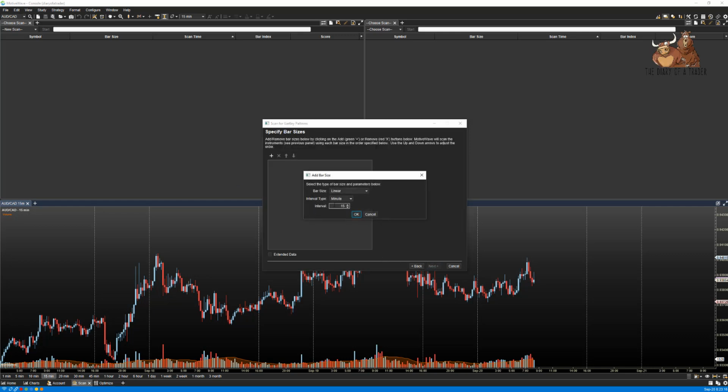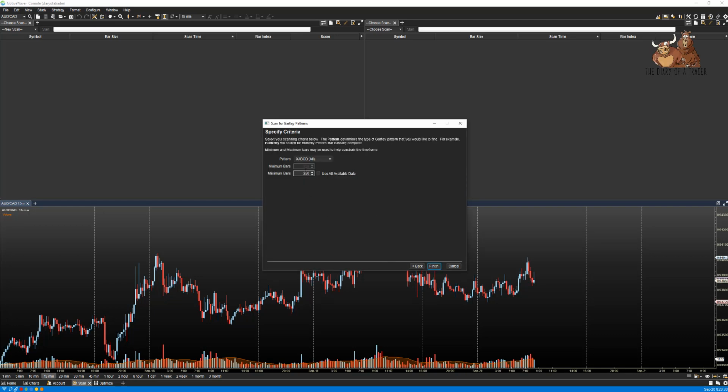Hit next. And let's see, I want to do one for the daily, 1 day chart. And I'll do one for the 4-hour chart. Oops. Hit OK, go to next. And I want all of the patterns.